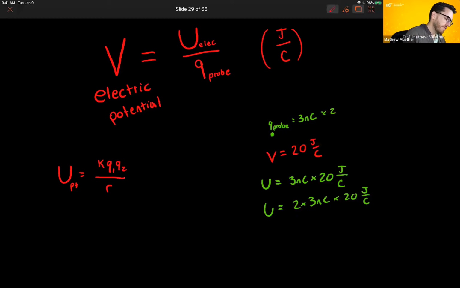Now, what if we want to find the electric potential coming from a point charge? And let's imagine that it's sitting here in space. So there's some Q1 that's in space, and I want to know what the electric potential looks like around this thing.